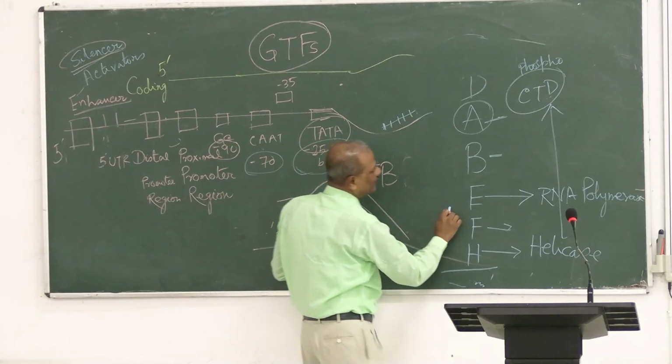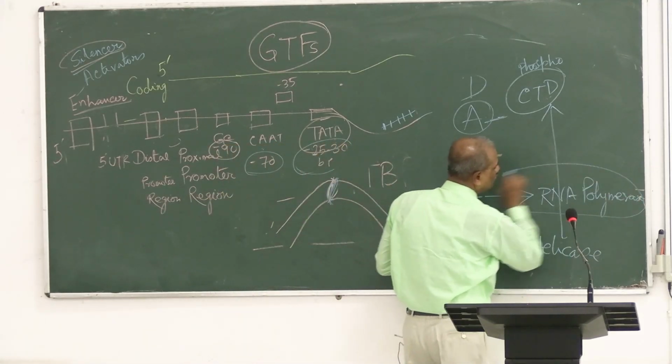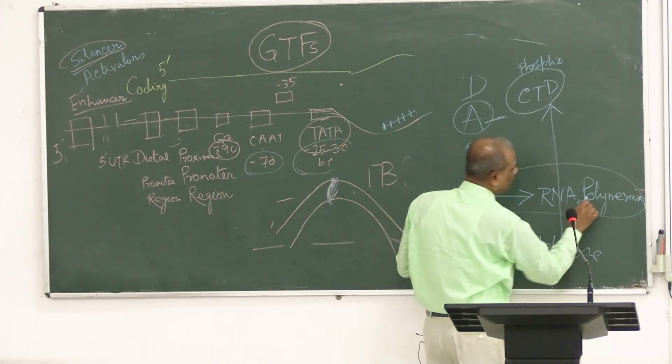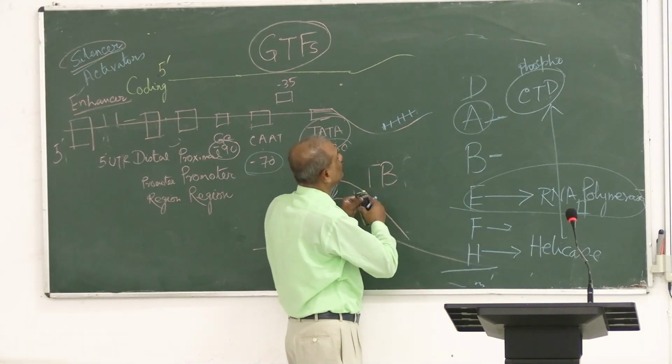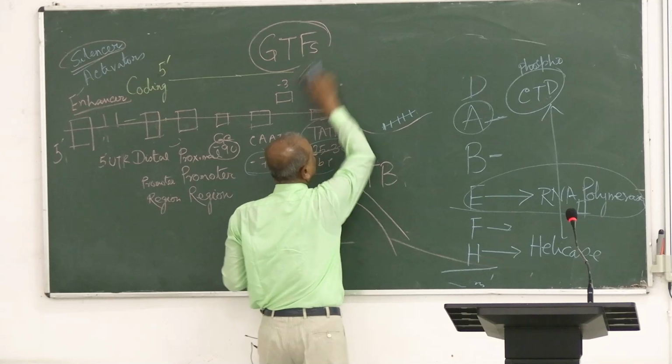Only that factor RNA polymerase 2 that is required for polymerization will remain and it will start producing elongation.